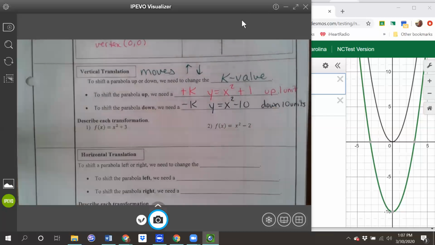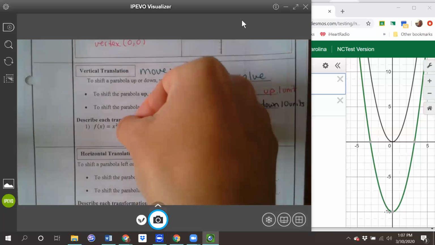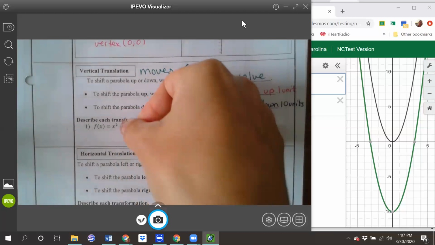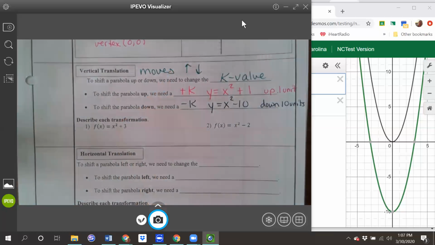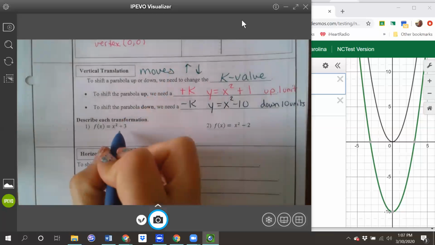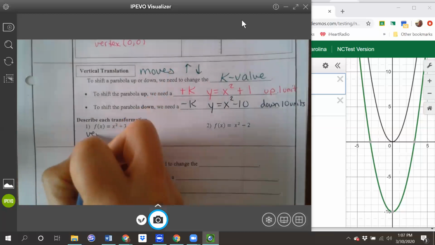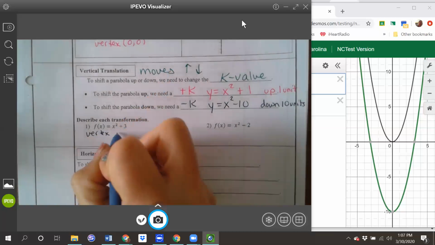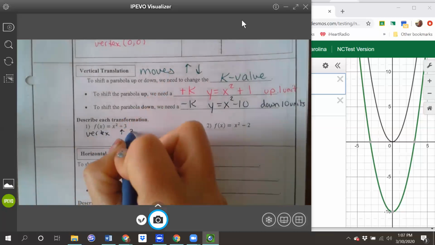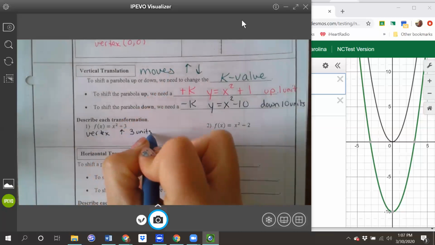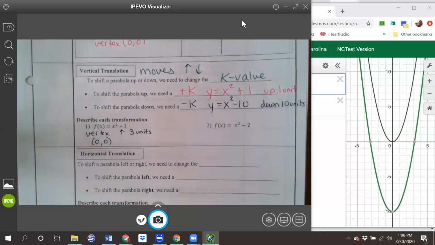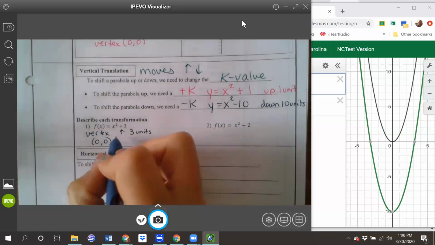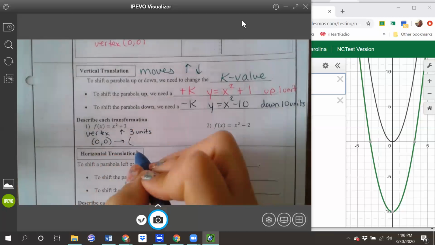All right, let's describe the transformation. x squared is the parent, and then I'm adding 3 to that. So your vertex, which always starts at (0, 0), is going to move up.